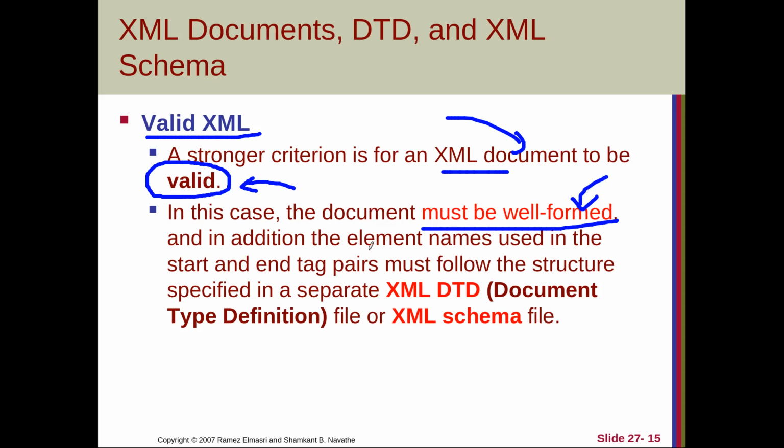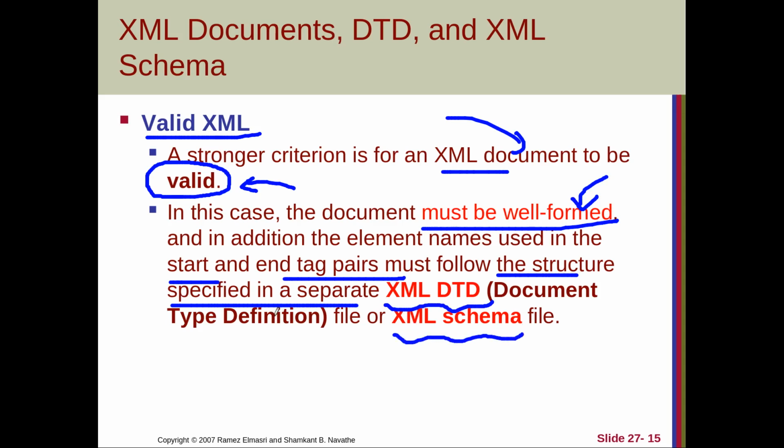And in addition, the element names used in the start and end tag pairs must follow the structure that is specified by a separate document like an XML DTD or XML schema.